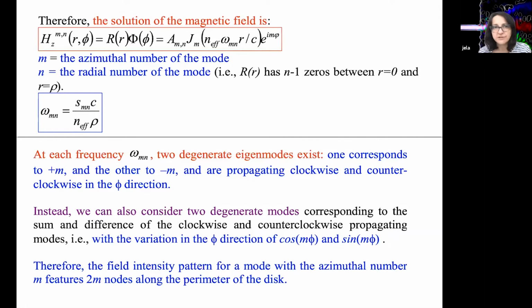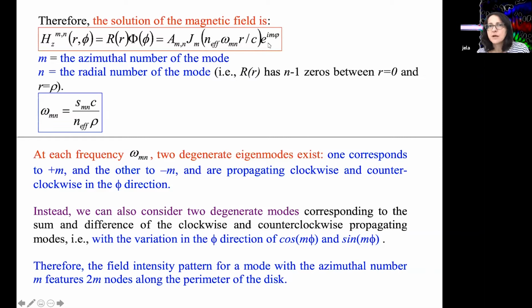And they're degenerate. They have exactly the same frequency, because they correspond to the same S_mn, the same zero of the Bessel function. Instead of using e to the plus i m phi and e to the minus i m phi, you can also use the sum and difference of these two, right? Because the radial part is the same for both, but the angular part is different. So I can either work in the propagating basis e to the plus or minus i m phi, or I can work in the basis where I add them and subtract them, which is a standing wave basis.